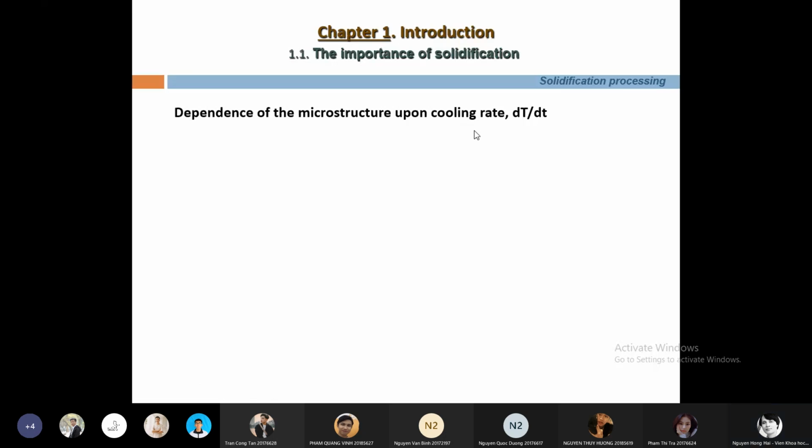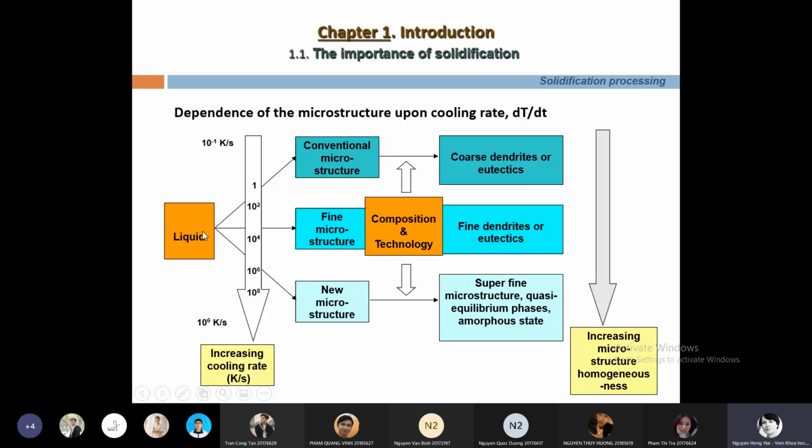But you can see here the dependence of the microstructure on the cooling rate. And another characteristic parameter of the solidification process is also the processing parameter. So the cooling rate, the unit is the Kelvin degree per second.